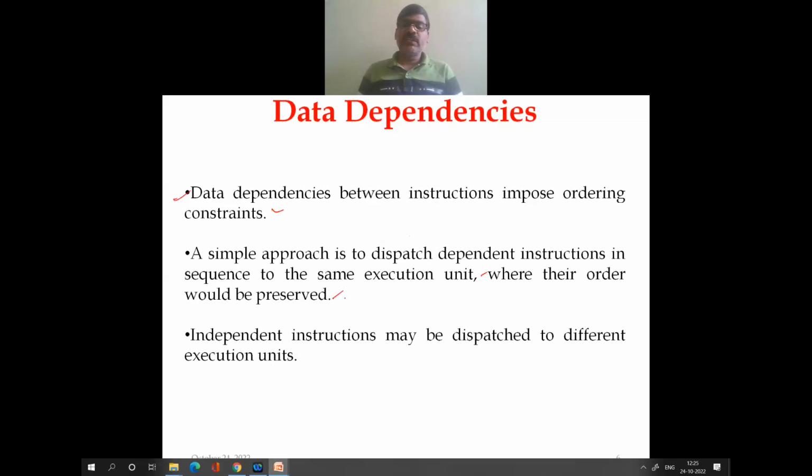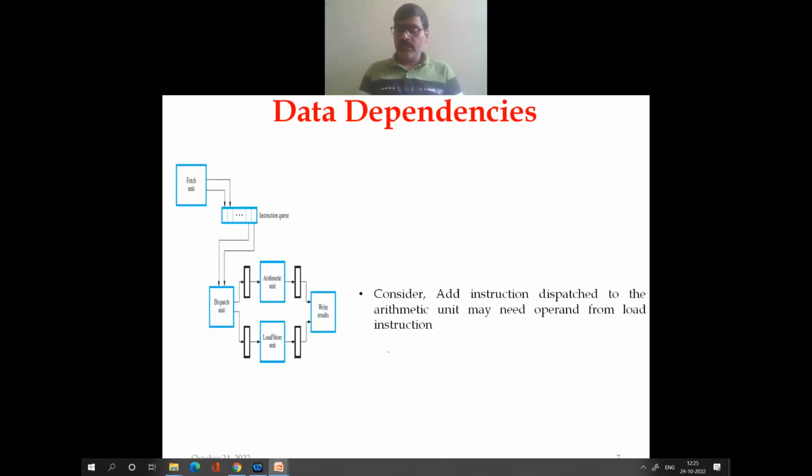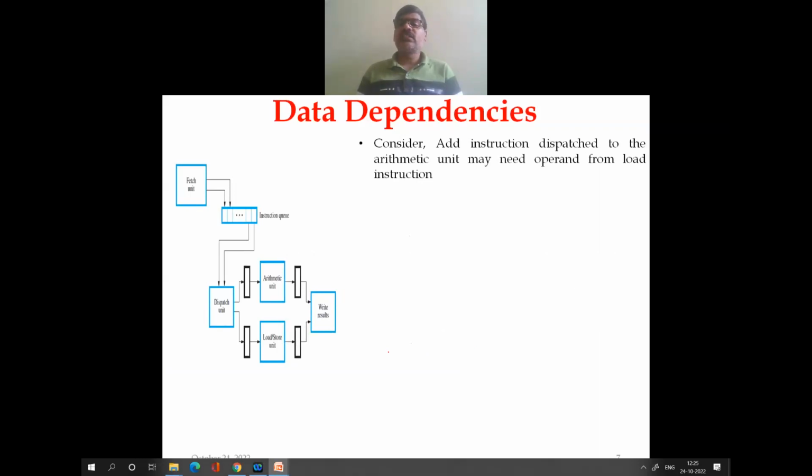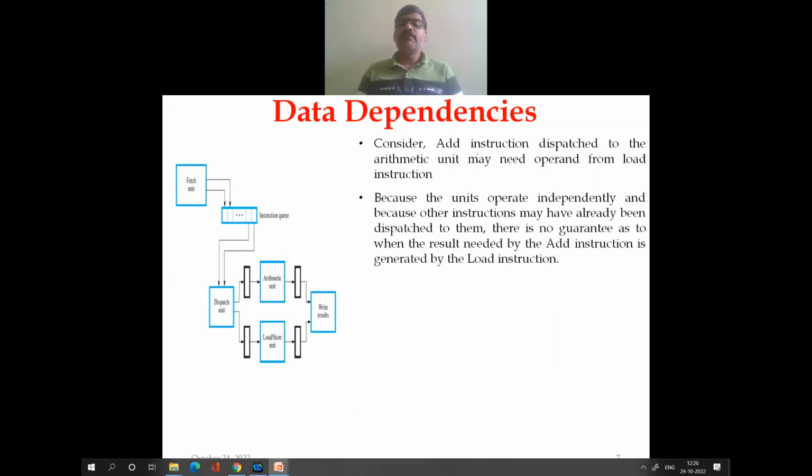Independent instructions may be dispatched to different execution units. For example, consider an add instruction dispatched to the arithmetic unit that may need an operand from a load instruction. Because the units operate independently and other instructions may have already been dispatched to them, there is no guarantee of when the results needed by the add instruction will be generated by the load instruction.